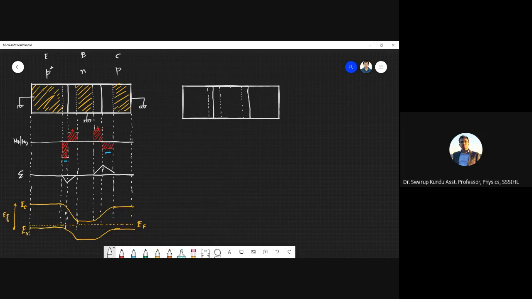And this junction is reverse biased, so the depletion width will be very much higher, right? So again, this side is P plus N P: emitter, base, collector.